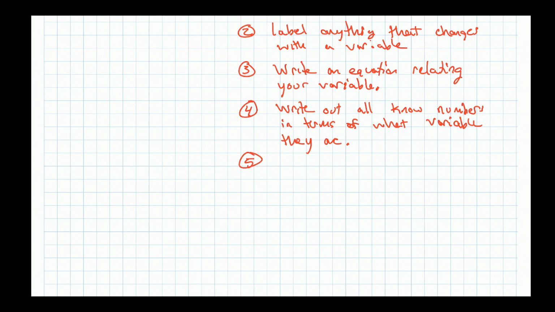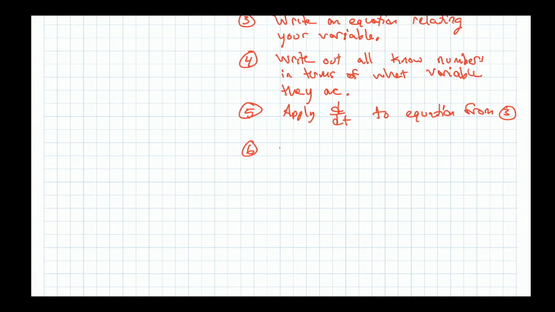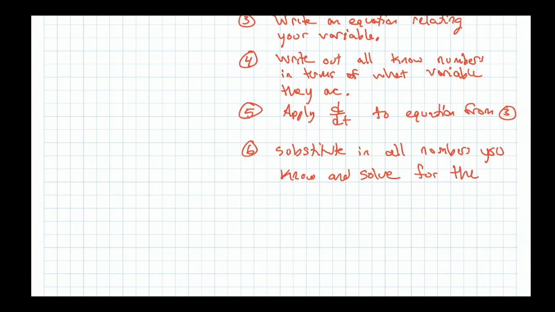And then your equation from step 3, you're going to take the derivative of. So apply d/dt, take the derivative, to the equation from 3. Then you're going to substitute in all the numbers you know, and solve for whatever's missing, the one that you need for your answer.